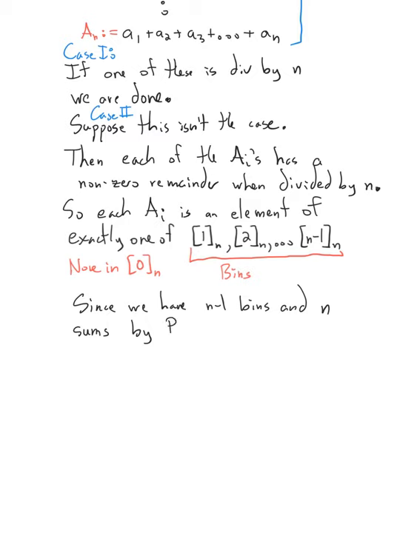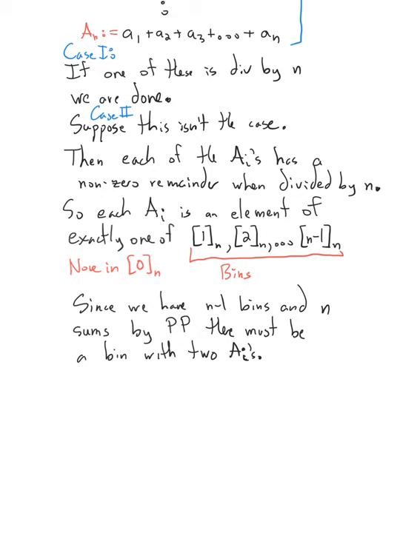By the pigeonhole principle, we know that there must be a bin with 2 of the AIs. Because remember, we have n minus 1 bins, and we have n of these AIs, where I is just some index from 1 to n.